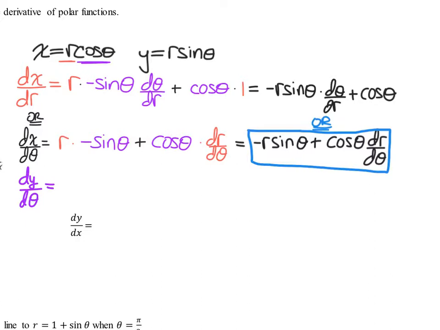So first times the derivative of the second. So first would be r. The second would be sine theta. So r times cosine theta plus second times the derivative of the first, so sine theta times dr d theta.